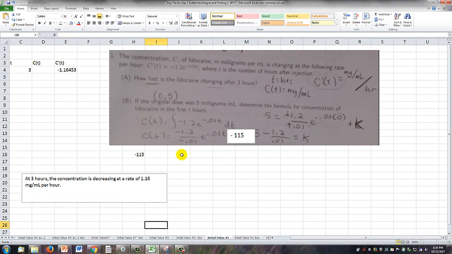Okay, so just to wrap up, I just want to reiterate, see this problem here? We began this way, we're going to end this way. The original dose was 5 milligrams, but see that K is not 5? That's because with this E function, e to the 0 power isn't 0. E to the 0 power is 1. So that gives you a constant K that's not just exactly what you started with.